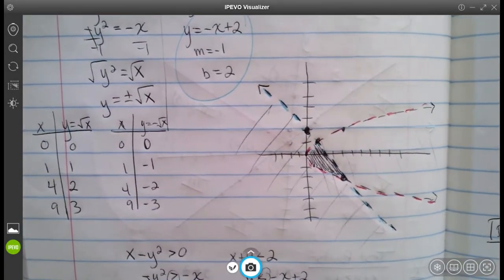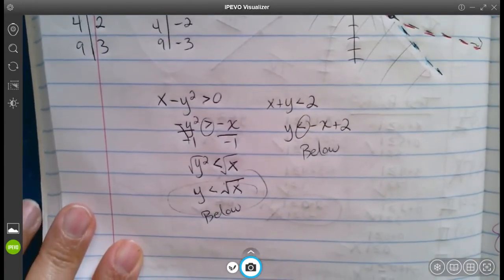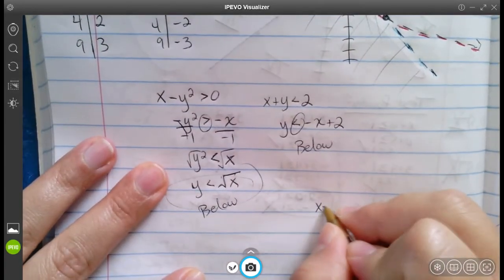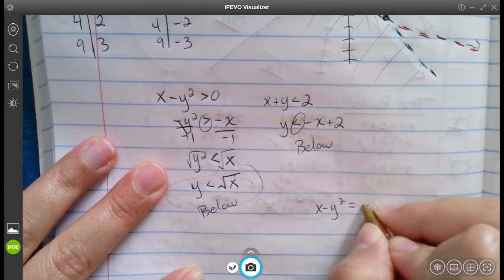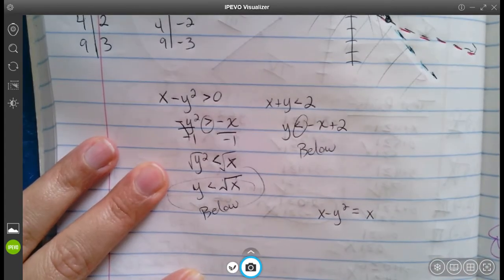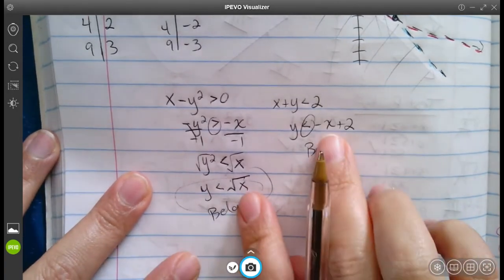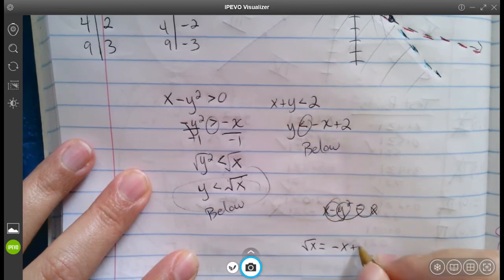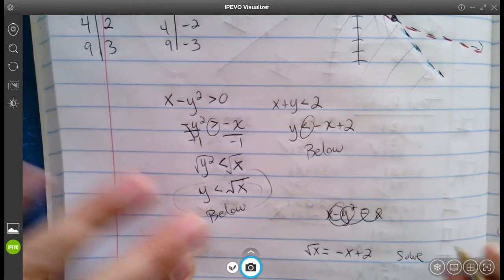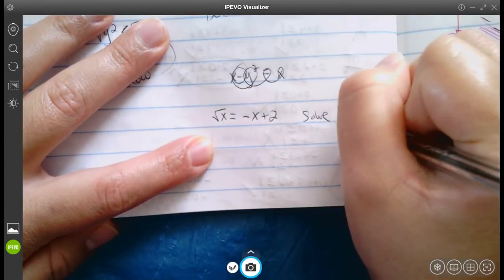If you did not have easy points like this, where we were able to find the intersection points, no problem. What you would have done, and I know you wouldn't have been happy about it, is you would have set these two equal to each other. So you would have done square root of x is equal to negative x plus 2 and solve for solutions.